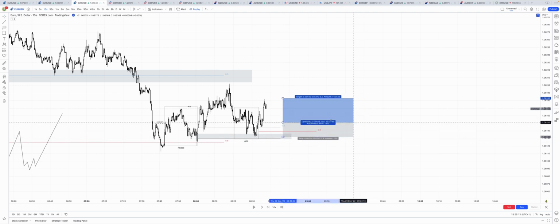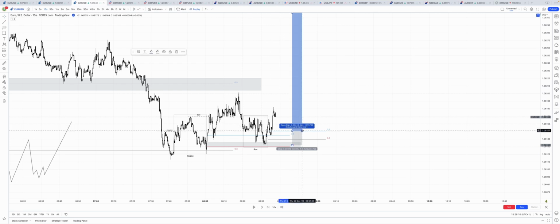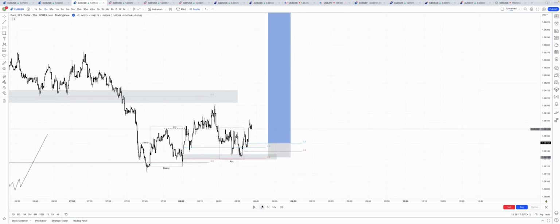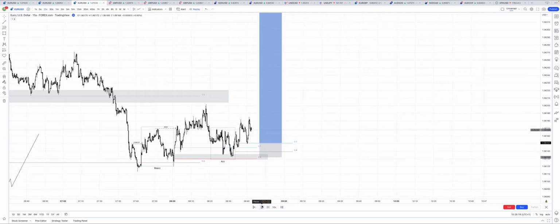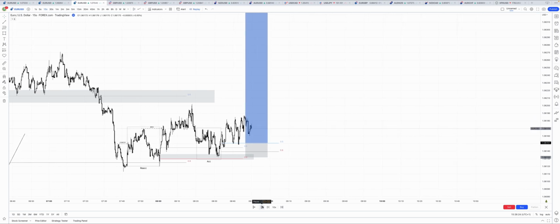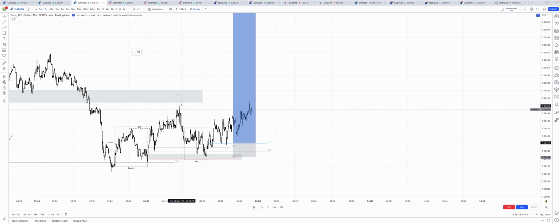I also did limit on the 80%, so only half my orders got filled. And again, took it to 1 to 10, risk to reward. It got hit perfectly, and we broke a new high again.